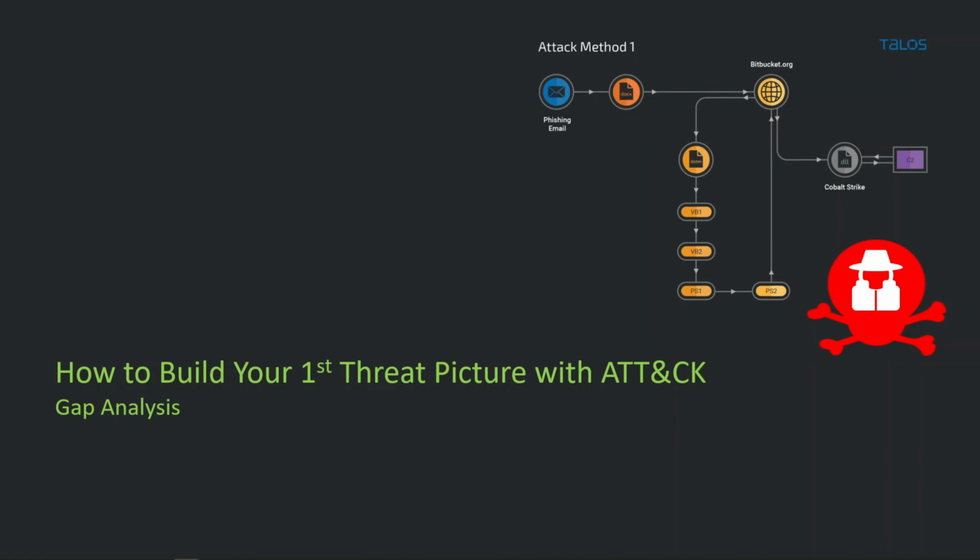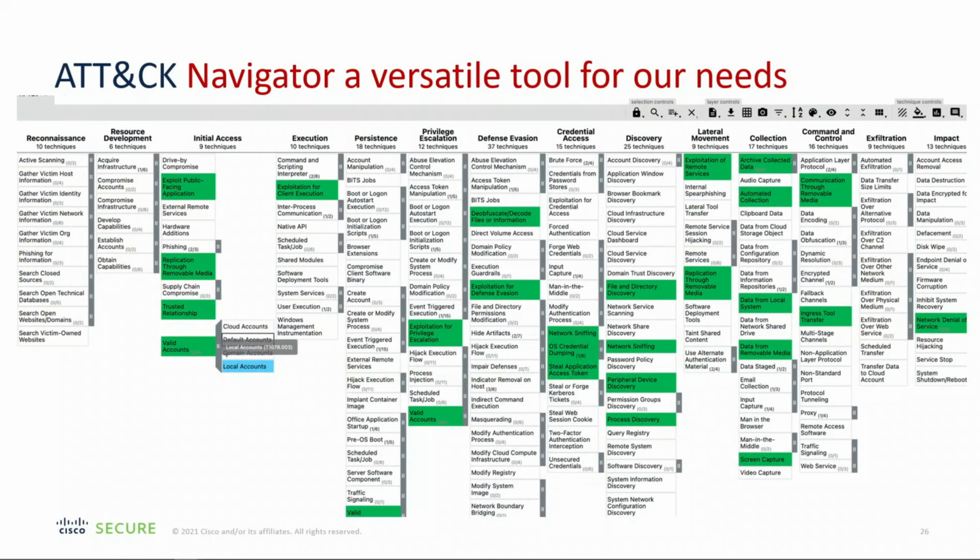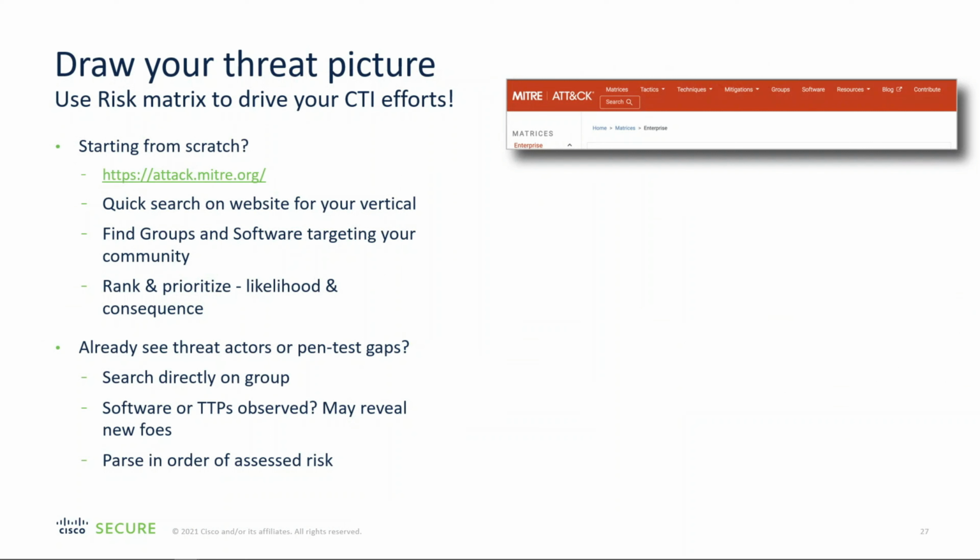So that was a good example of the MITRE ATT&CK framework focused on enterprise. Let's dig into this and build a threat picture and identify the gaps within our organizations based on the verticals and threats that mean something to us. So we saw the matrix, but we're really going to peel back this and do a full analysis of a threat based on 3 criteria. I'll get to those in a minute, but first and foremost, we've seen that very quickly we can come into the MITRE ATT&CK framework.